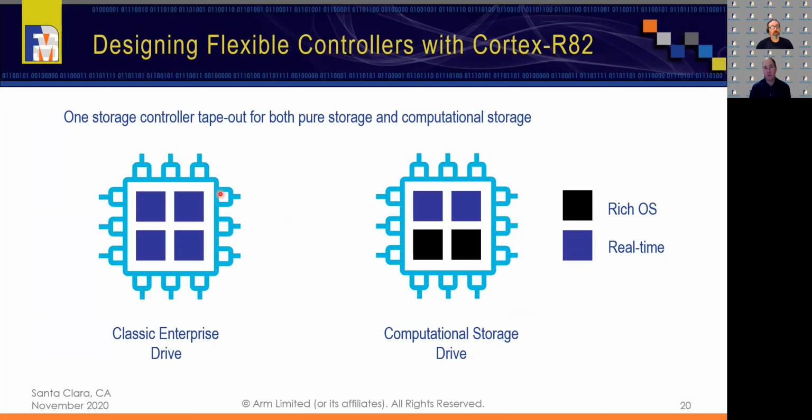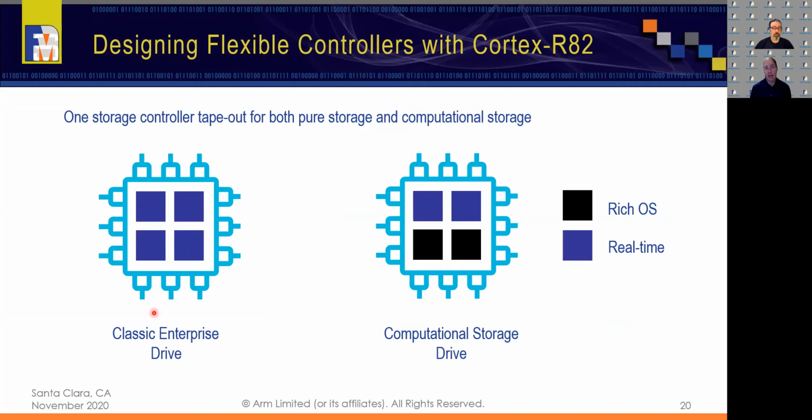So let's talk a little bit more about the flexibility that the Cortex-R82 provides. If we look at this classic enterprise drive diagram over on the left-hand side of this slide, there's 4 cores that have all been allocated for real time. And this allows the drive to achieve the best possible IOPS, the best throughput, lowest latency.